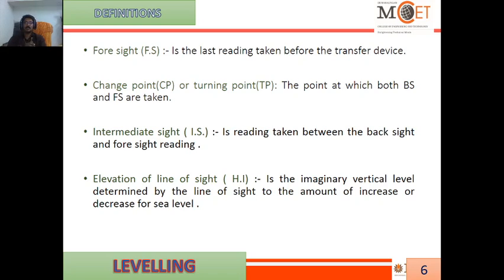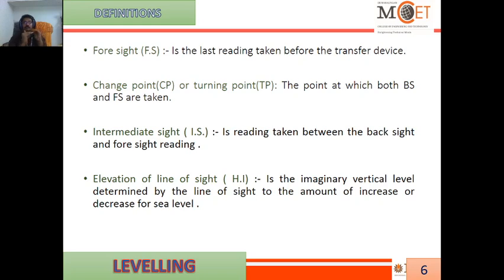Next term is foresight. It is the last reading. I kept my instrument at one particular position. I have taken the backsight, the first reading, and there are n number of points available. I have placed the leveling staff on each point and taken the reading. I have recorded those, and still some more points are left out, but I am not able to see them.